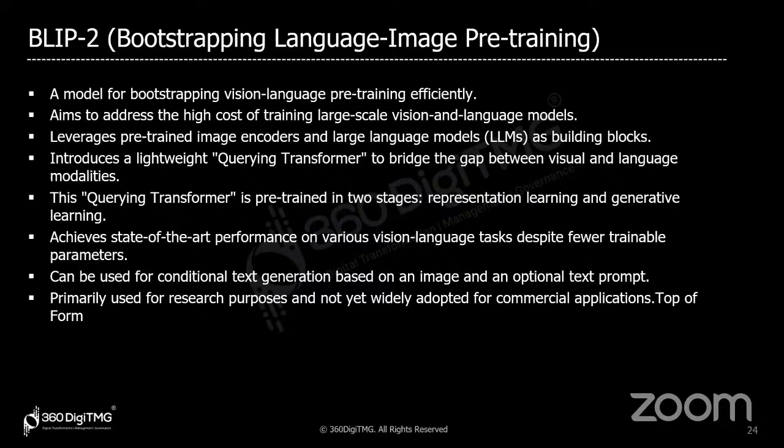It can be used for conditional text generation based on the image and an optional text prompt as well. Primarily, it can be used for research purposes and is not yet widely adopted for commercial applications. So we can't use it for commercial applications, but we can use it for research purposes and other things.